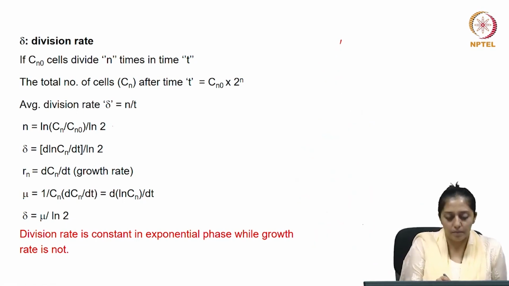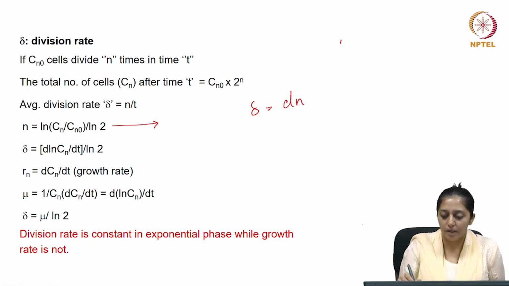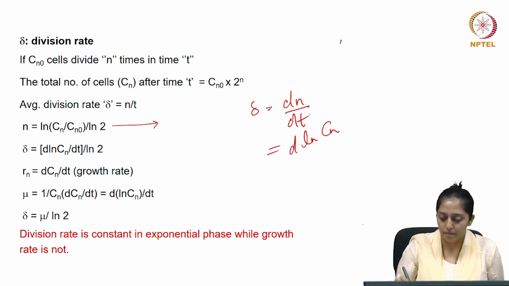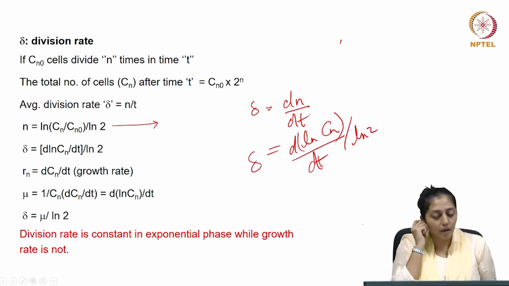So, let us see from this equation. So, division rate is dn by dt, which will be d ln Cn by dt divided by ln 2. Is this clear?